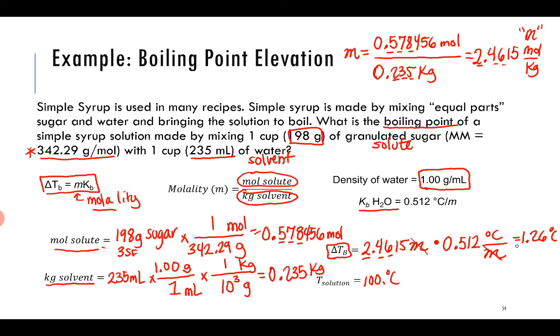Now, since boiling point is elevated, I have to add my change in temperature to that. So this is the original boiling point. And then I'm adding my change in boiling point. And so that's 101.26 degrees Celsius. Now, how many sig figs you have really depends on how many sig figs you have in that original boiling point temperature.